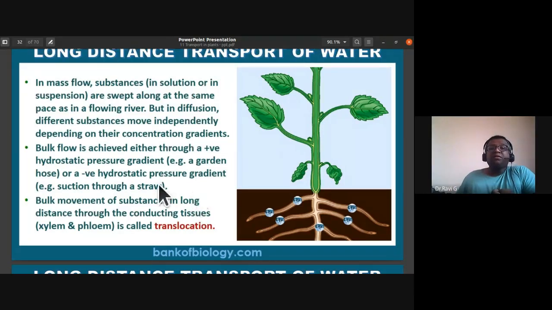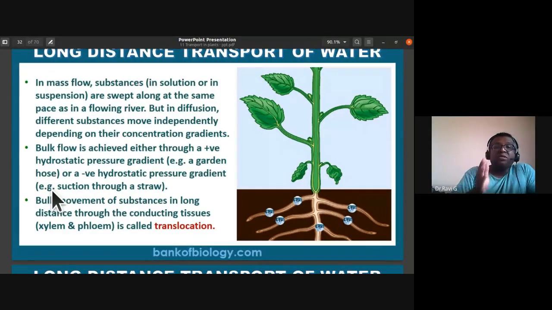Okay. So diffusion is independent for each substance and depends on their concentration gradients. Whereas bulk flow is achieved either through a positive hydrostatic pressure gradient, example a garden hose. You turn a tap and the water flows through this hose pipe.